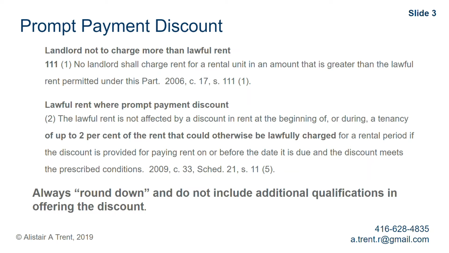Charge the undiscounted rent in the 4th month, but do not provide for a clawback of the 3 months that they paid on time, because again, you could run into a board member saying that that doesn't comply with the legislation, and thereby giving you a whole lot of problems, particularly if you're suing the tenant for rent, because if the board were to find that, then your notice of termination may well be declared to be invalid, and you would have to start all over again.